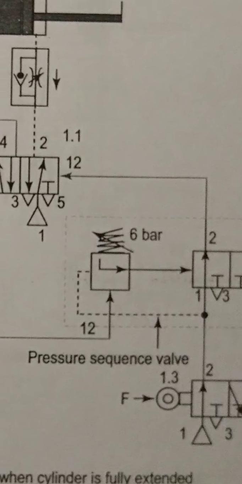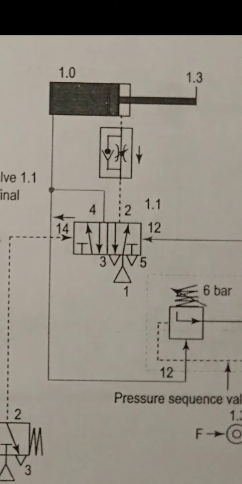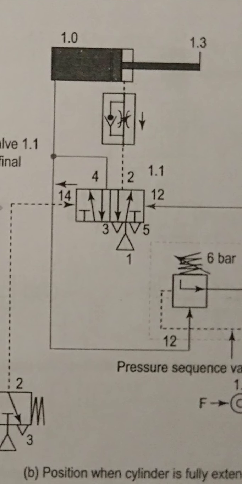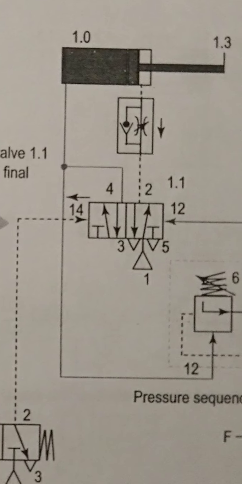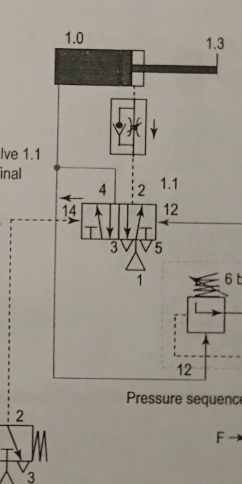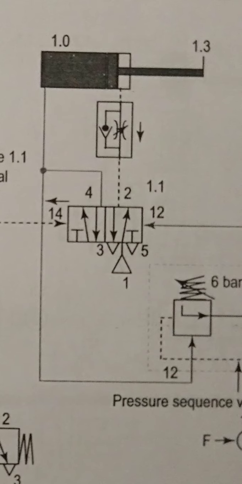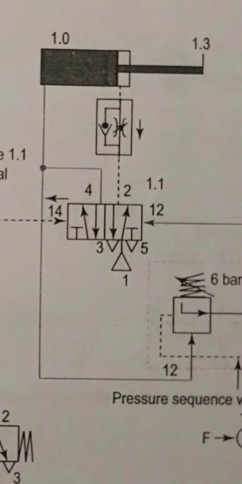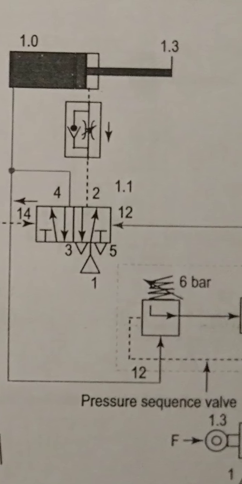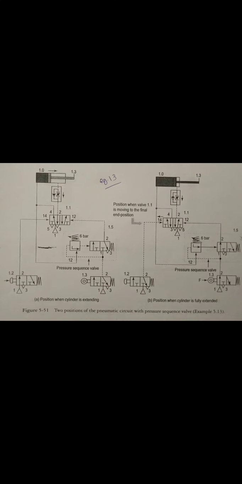So 1 is connected to, and which is connected to the 12 of the 5/2 DC valve. So 1 will be connected to 2, and from port 2 the signal goes upward, and the piston will be moved from right to left here. Till that it will give the pressure from left to right. So once 6 bar is achieved, the piston will come back to its initial position.